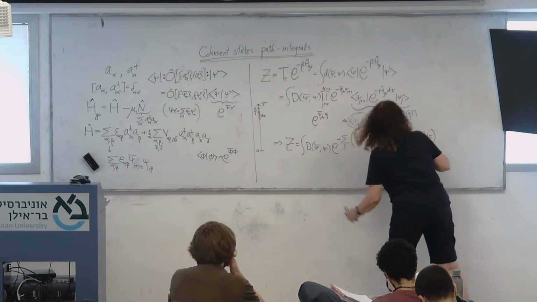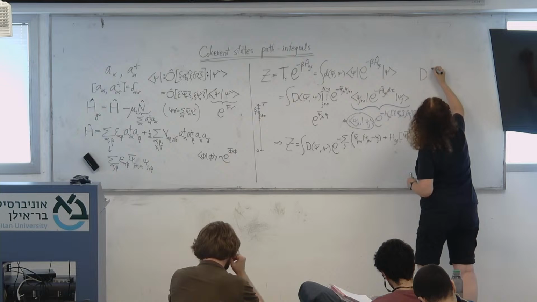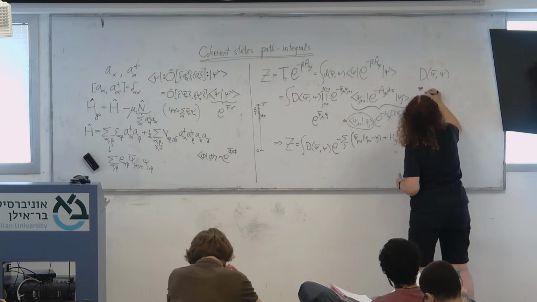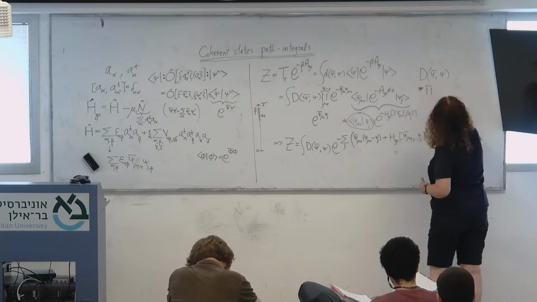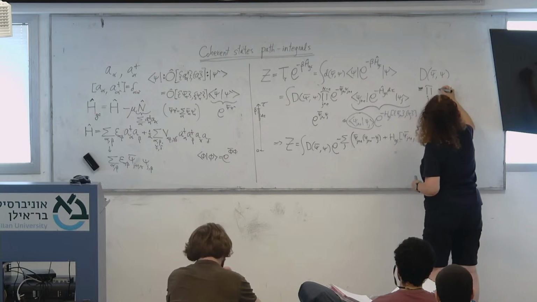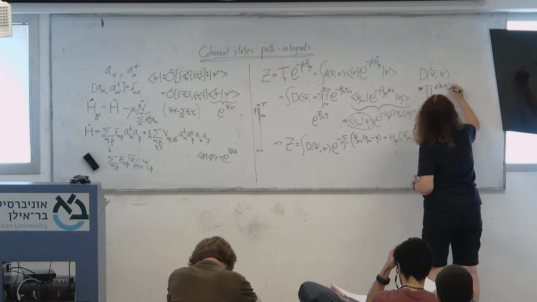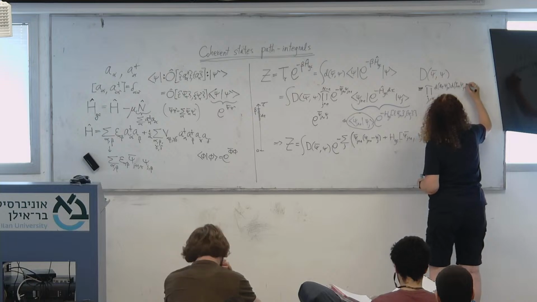And I'm also writing what is the differential. This is defined as the product over j and alpha of the real part of psi j alpha, d psi j alpha, and imaginary part of psi j alpha, divided by pi.